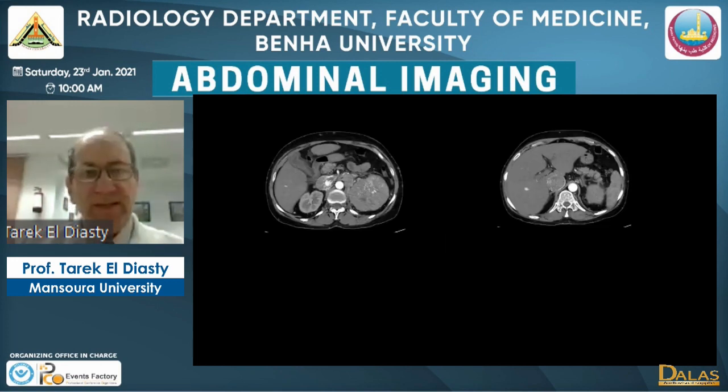So for the phase, as I said last time, this is a late arterial phase, which is called the corticomedullary phase. Usually we can describe the phase according to the normal kidney. Here we can see the corticomedullary differentiation. There is loss of corticomedullary differentiation here on the affected side.